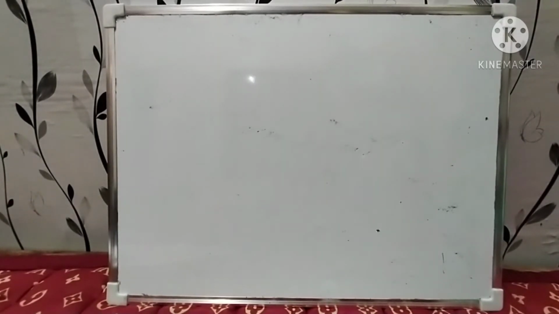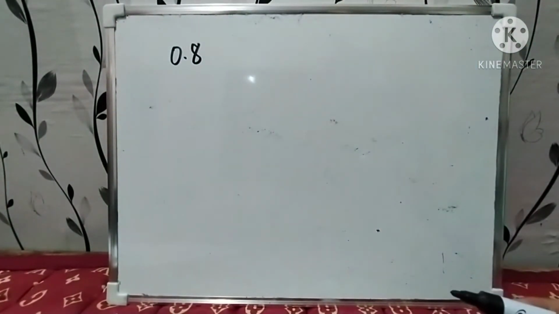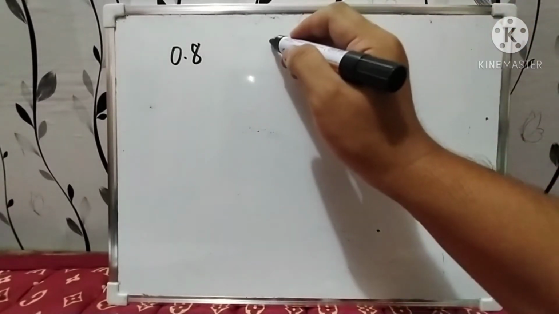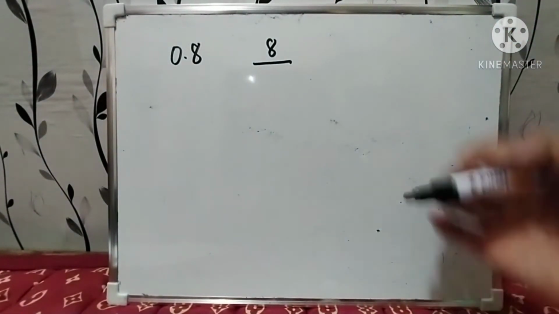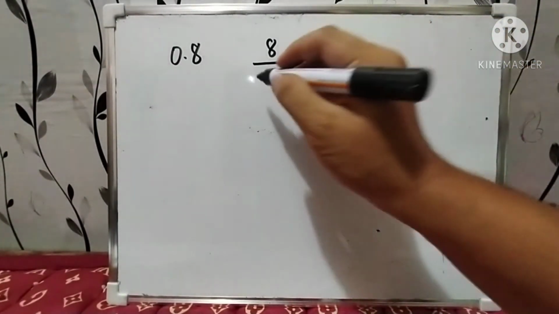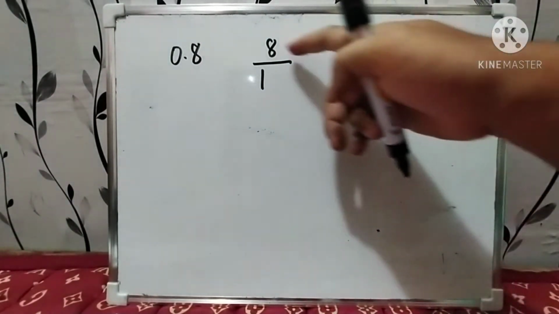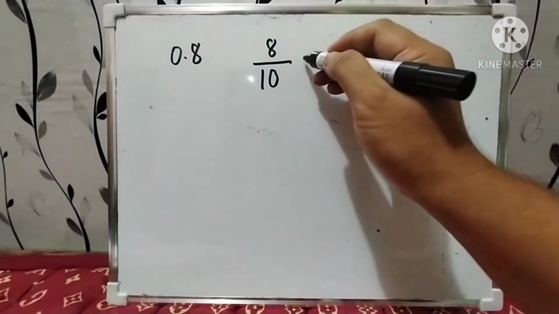Okay, next example natin. 0.8. Ayan, basic yan. 0.8. So, unang gagawin natin, kunin lang natin muna yung 8. Ayan, over, ayan, power of 10. Since yung 8 is isang digit lang, okay, so lagay tayo ng 1. Since ito ay isang digit, isang 0 lang. Okay, then lowest term na lang natin.